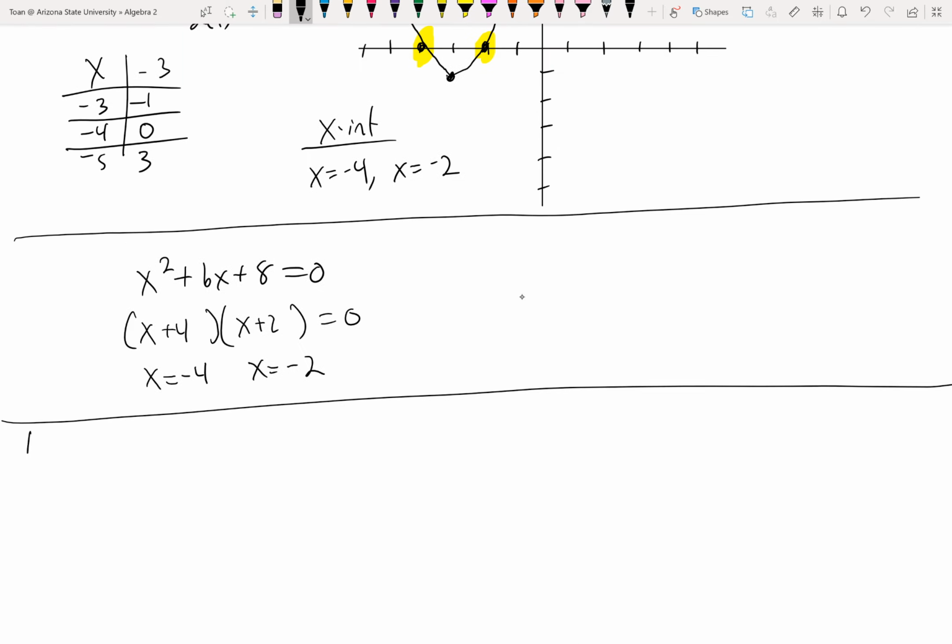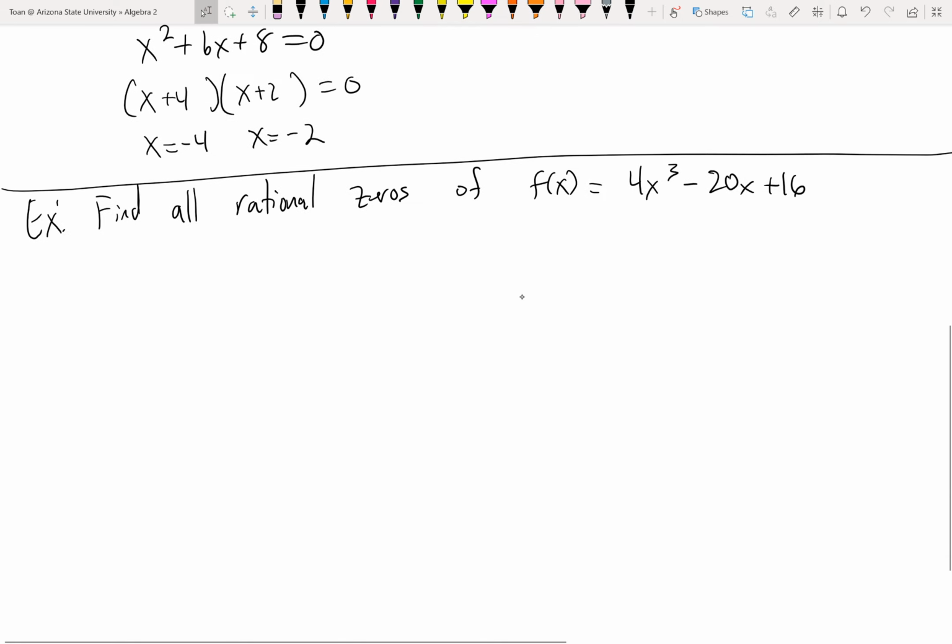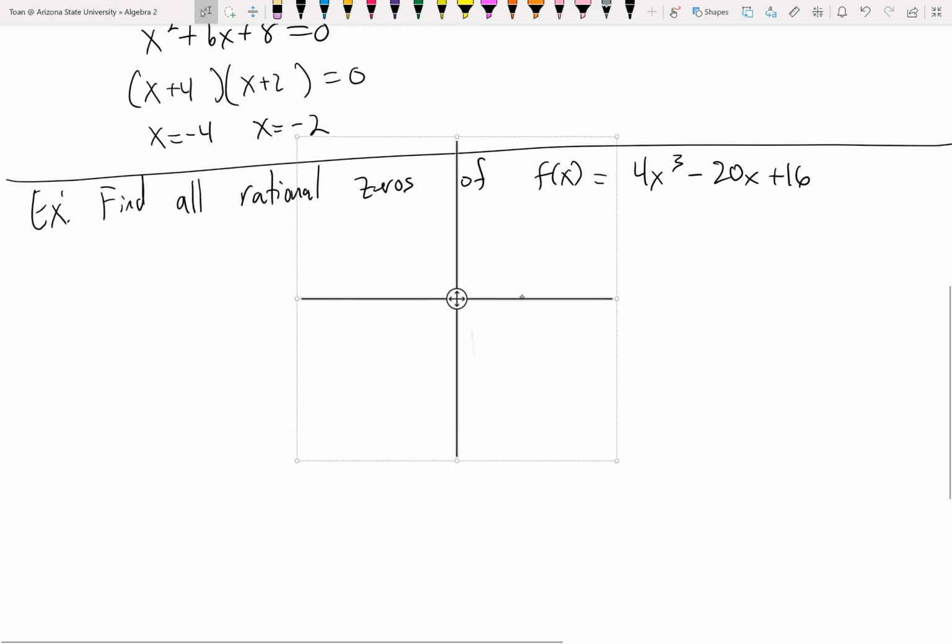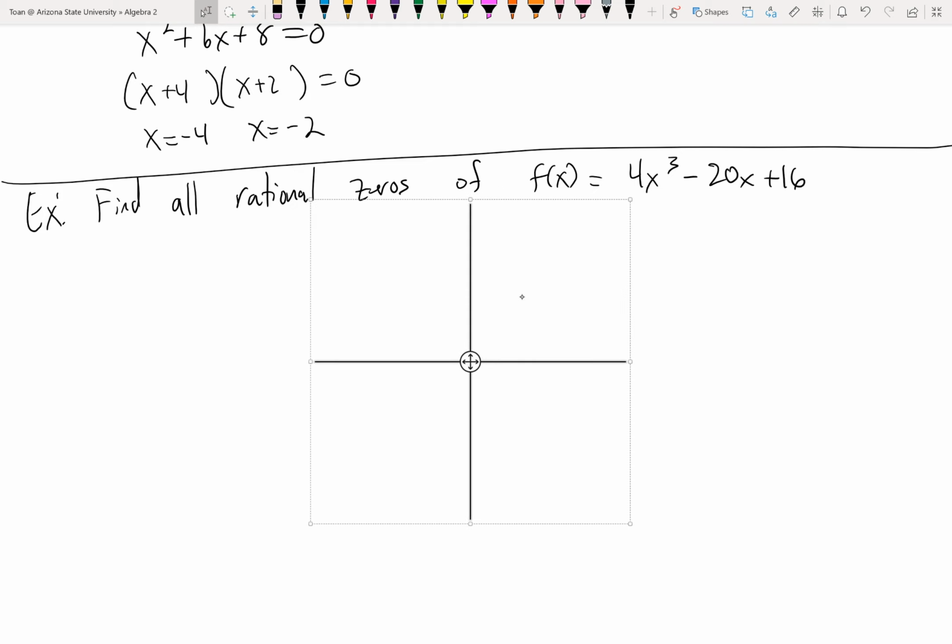So for example, suppose I asked you to find all rational zeros of f of x equals 4x cubed minus 20x plus 16, and they will give you a graph. Now, obviously in your practice, you'll have a computer-generated graph. I have to draw this by hand, so we'll do the best that we can. I'm going to just do a quick sketch.